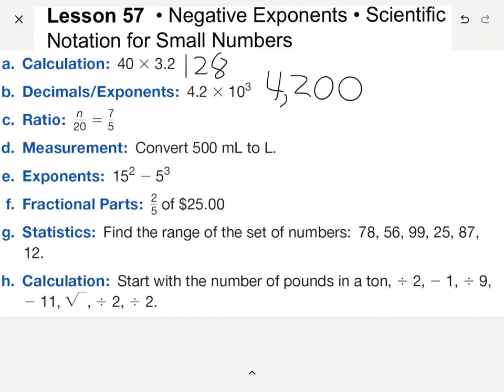Little scientific notation right there. Then this ratio is just times 4. So 7 times 4 is 28. And metric conversions. That's half of a liter because there are 1,000 milliliters in a liter. So 5/10 of a liter. Easy peasy lemon squeezy.